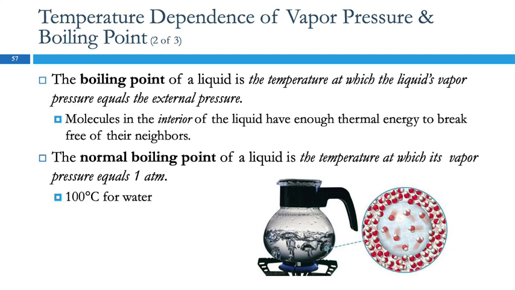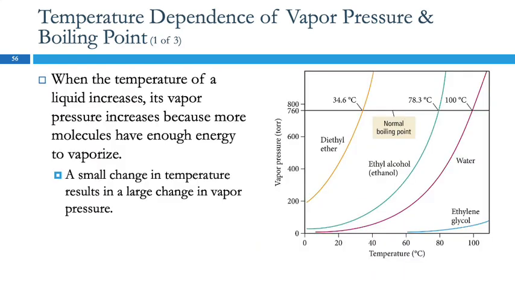So what happens when a liquid boils? A liquid will boil at the temperature at which its vapor pressure equals the external pressure. So let's look at that for water. Here is normal atmospheric pressure, 760 torr, and water has a vapor pressure of 760 torr at 100 degrees Celsius.